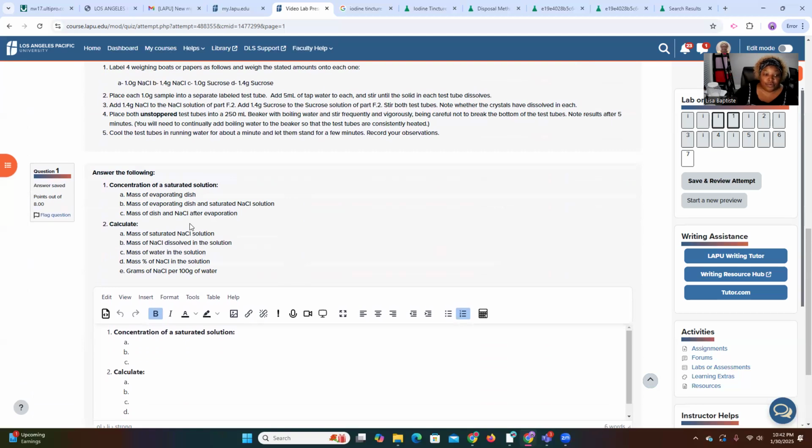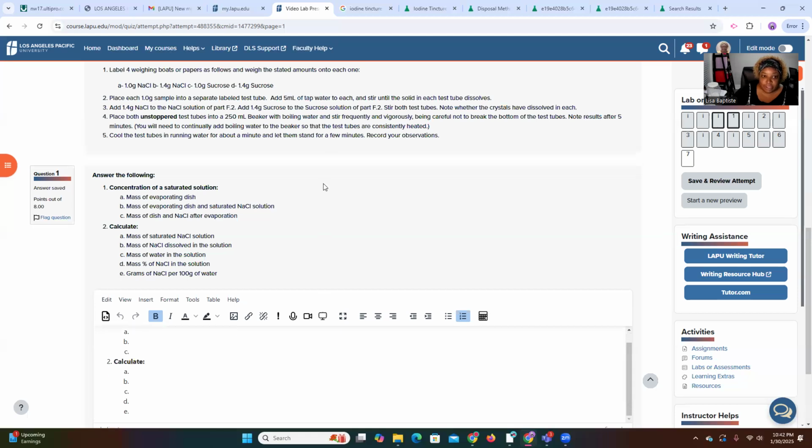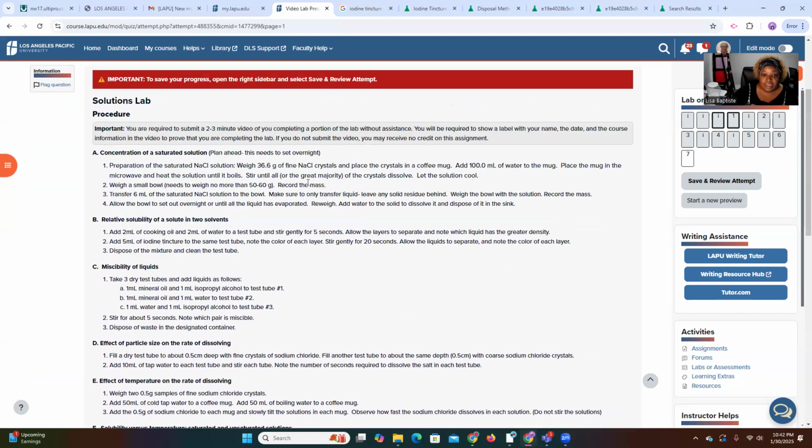And so when you weigh it, you want to make sure that you put that mass in 1A in this box. And then you are going to transfer 6 milliliters of saturated sodium chloride solution to the bowl. So you have your saturated solution in your mug, and you have your graduated cylinder.